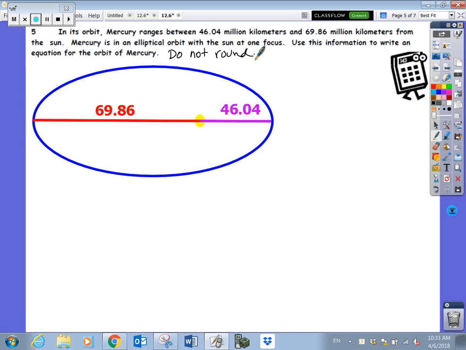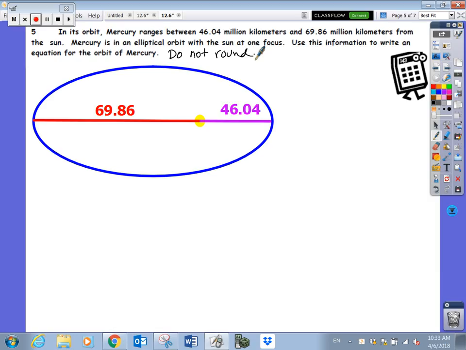All right, so I drew this picture for you on here. It says Mercury has an elliptical orbit, and it's anywhere from 69.86 meters from the sun versus 46.04 meters from the sun. So if Mercury's over here, there's the sun, it's 69.86. When Mercury gets over here, it's 46.04 kilometers from the sun.